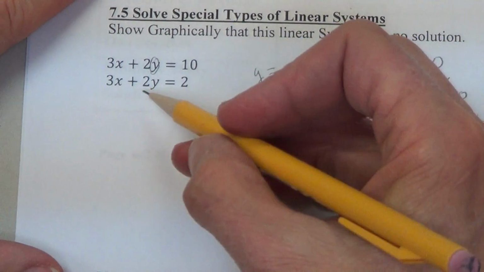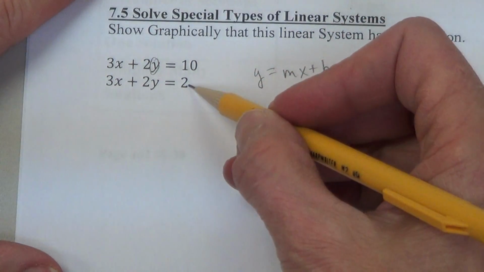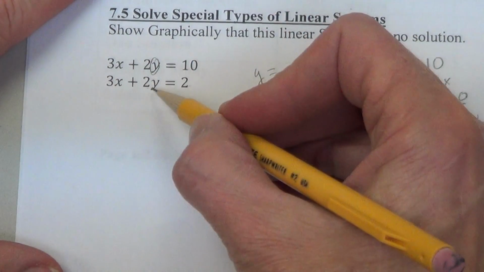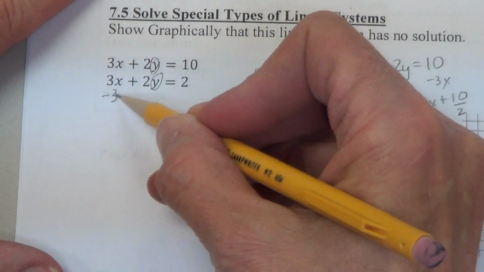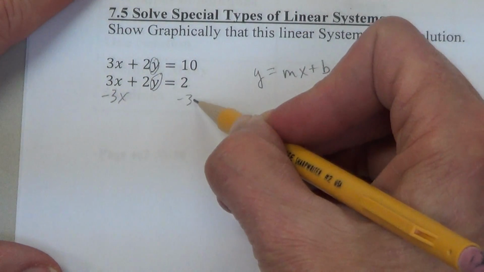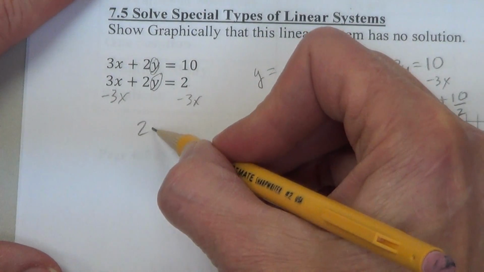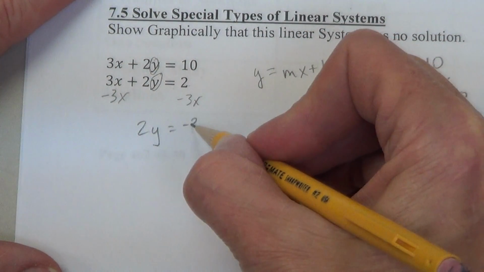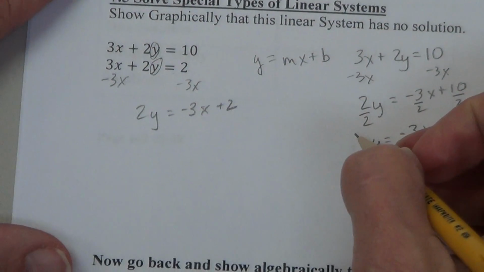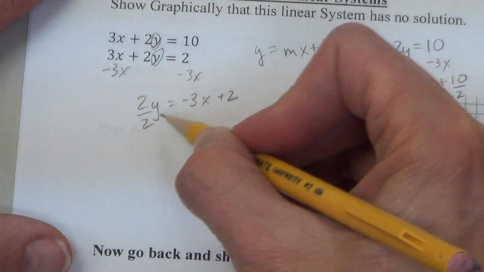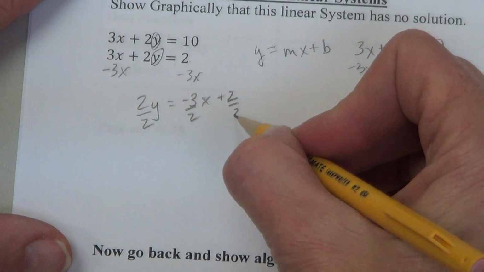We have 3x plus 2y equals 2. We need to get the y by itself to graph. So we subtract 3x from each side, and we get 2y equals negative 3x plus 2. Okay, now we divide by 2, divide by 2, divide by 2.